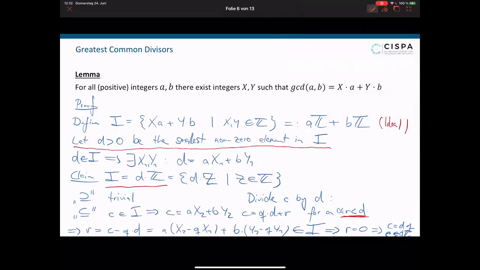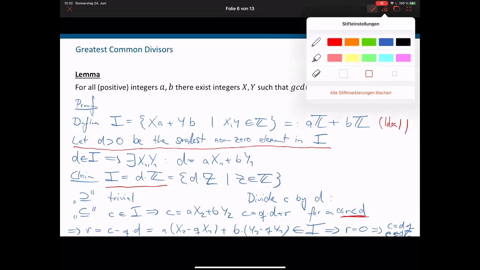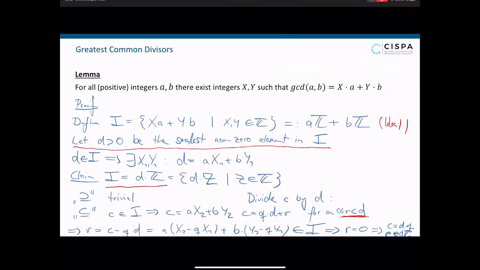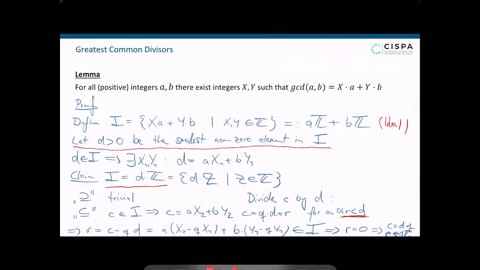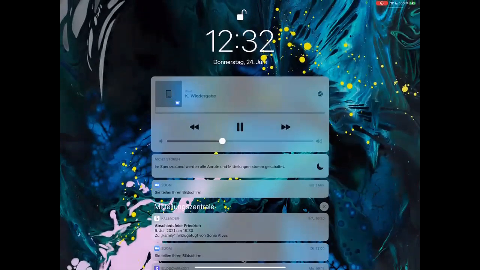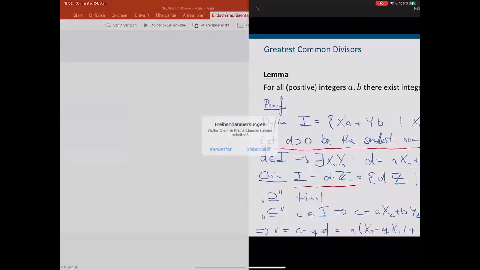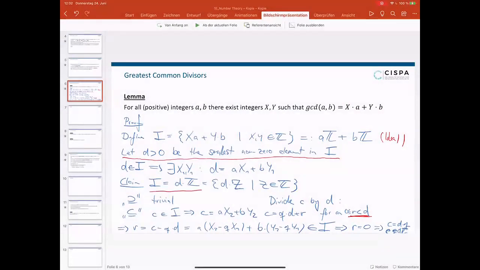What's happening? Why is this not working? Okay, it seems something is not good. It seems like my iPad is frozen. Well, let's say the presentation is frozen.